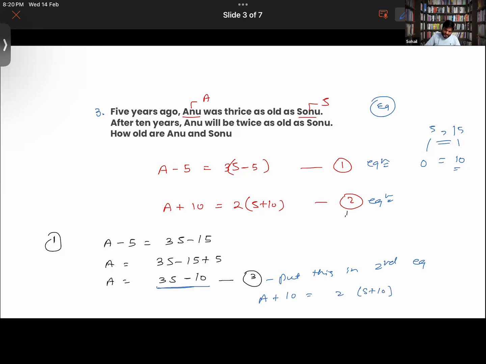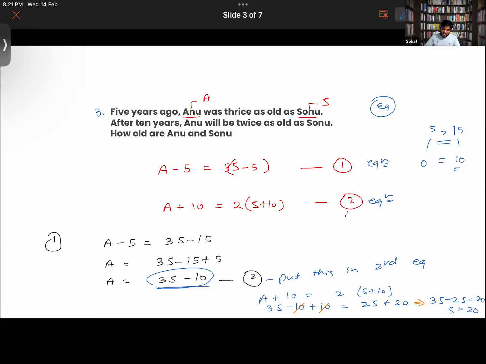The value of A is 3s minus 10, so you will put it here. 3s minus 10 plus 10 equals 2s plus 20. Further, you will cancel this minus 10 and this plus 10. I'm writing it over here, not sufficient space. So this becomes 3s minus 2s equals 20. Yes, we are getting 20 in this one also. All right now. So the value of s is 20 here.